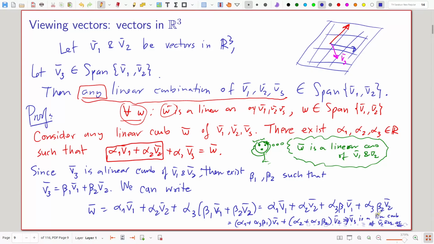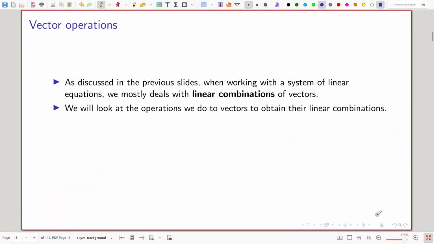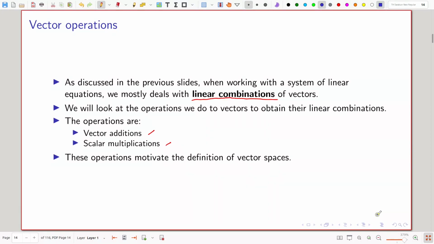All right. Okay. So I hope this gives you a quick review on vectors. So three concepts today. You can do vector addition, you can do scalar multiplication, and you can combine them, right? When you combine them, you get a linear combination.